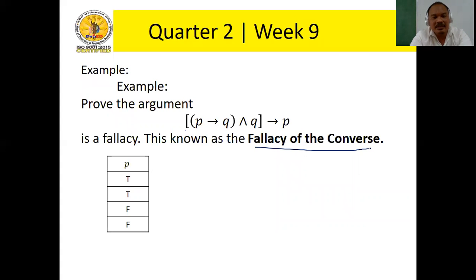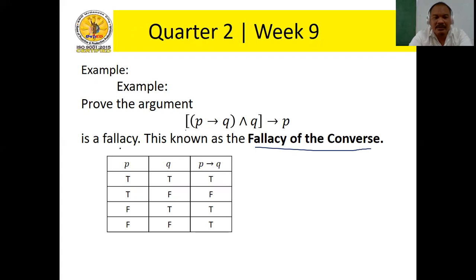First column, P and Q. Next, we're going to have the P then Q. So this will be your hypothesis and this will be your conclusion. Okay. So true, true will become true. True, false. The conclusion is false, then the statement will become false. False, true. Since this is true, conclusion, then we have true. Then both of them are false. Therefore, this statement now will become true.